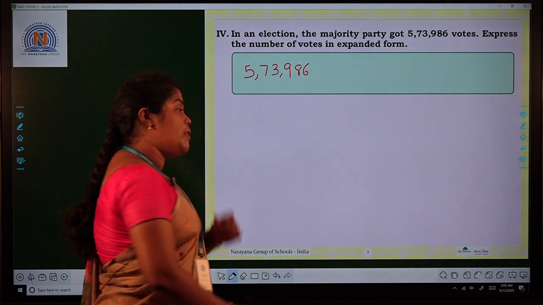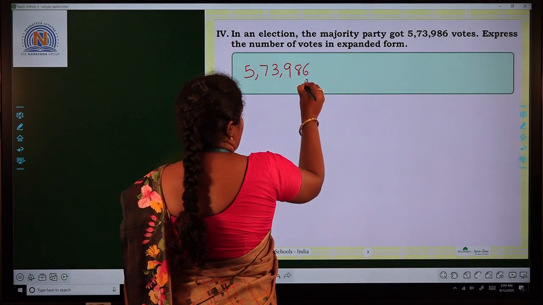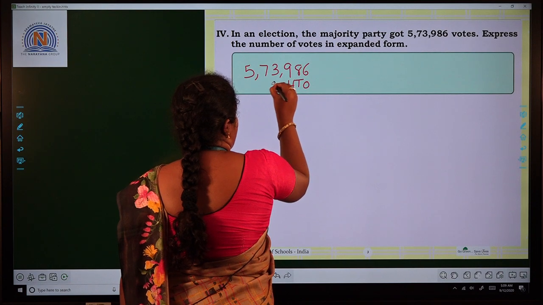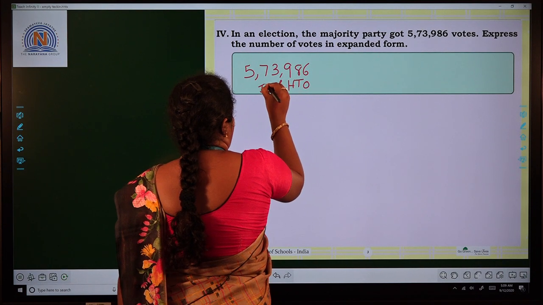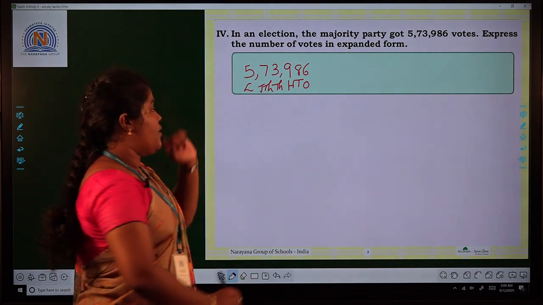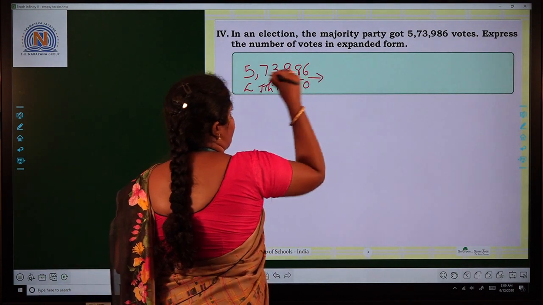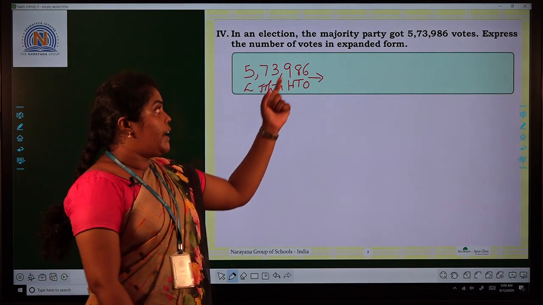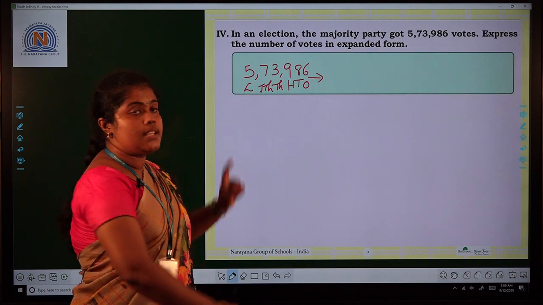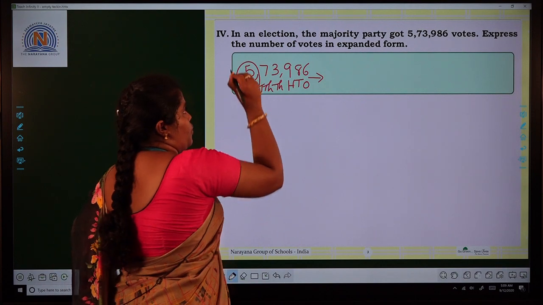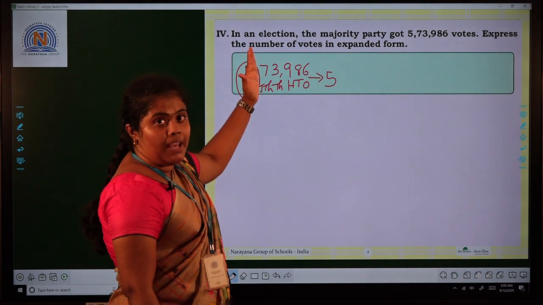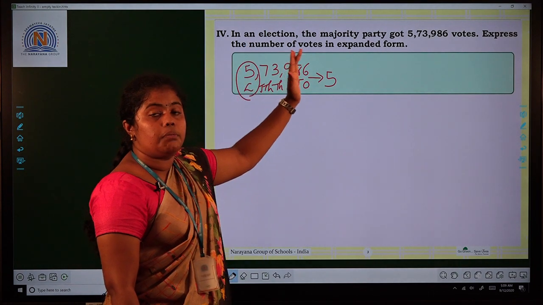We have to mention the places: ones, tens, hundreds, thousands period will start, thousands, 10,000s and the lakhs. Now I will say one short method to write the expanded form. Every time you have to write the expanded form starting from the highest place value. Here the highest place value is the lakhs place. Write the digit 5, and after 5 see how many places are left; we have to mention that many zeros.